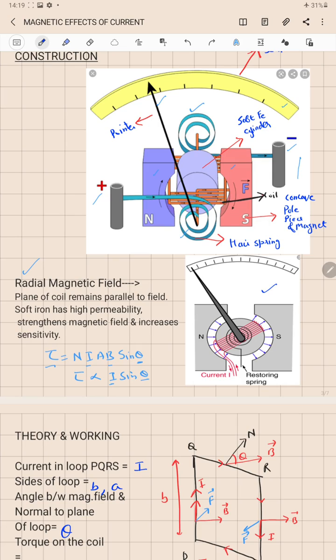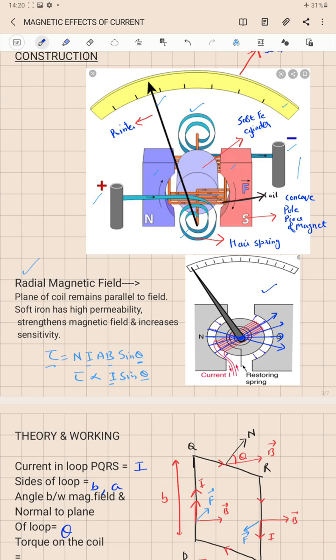As you can see, any magnetic field line which is originating from the north end and moving towards the south pole of the magnet is actually passing through the exact center of the circular iron cylinder, like this. This means that every magnetic field line which is moving from north to south pole is actually directed along the radius of the iron cylinder.